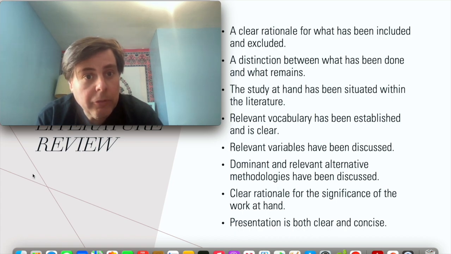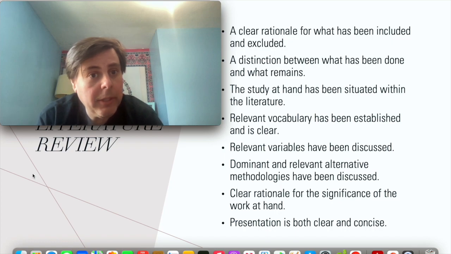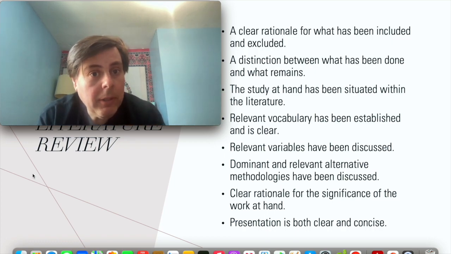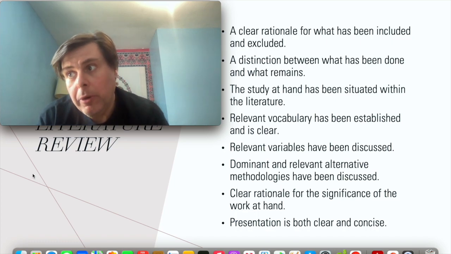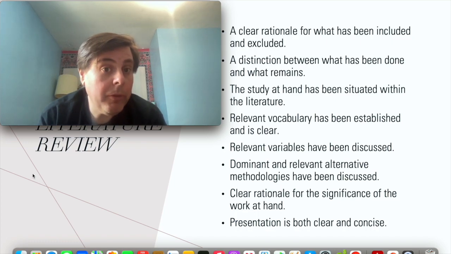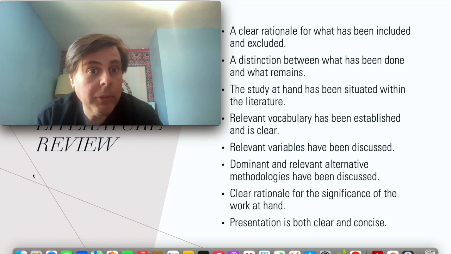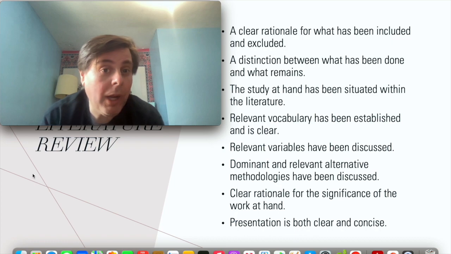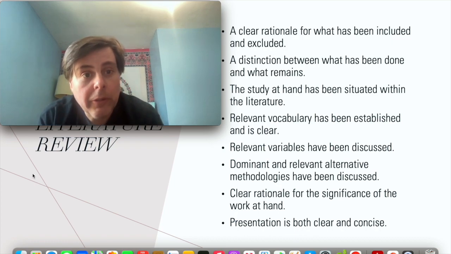Why? First, to be clear about what we're trying to say. And second of all, to make work for the researchers yet to come a little bit easier. Okay. We should have discussed all the relevant variables, both ones that we've included, and if other studies have included different variables that we've chosen not to include for whatever reason, our literature review should make clear why we might be going in this direction or another.